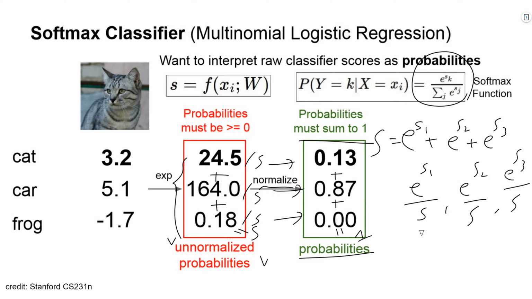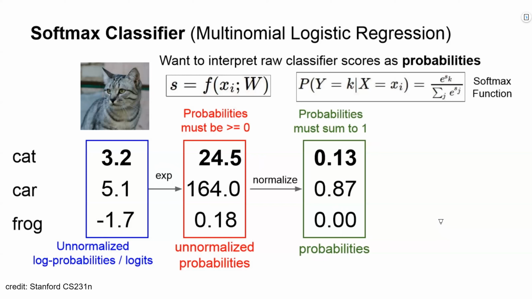This is the result of this example. So this becomes 0.13, this becomes 0.87, this one becomes 0. Okay, so this is the softmax function. And sometimes we call these original numbers unnormalized log probabilities, or logits. You need to get used to this terminology.